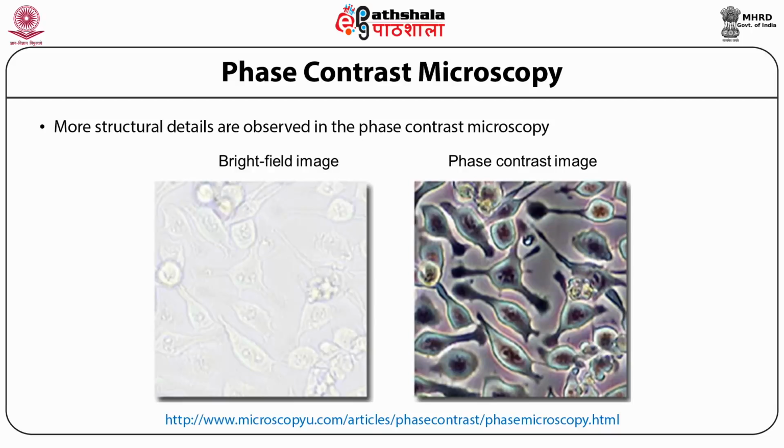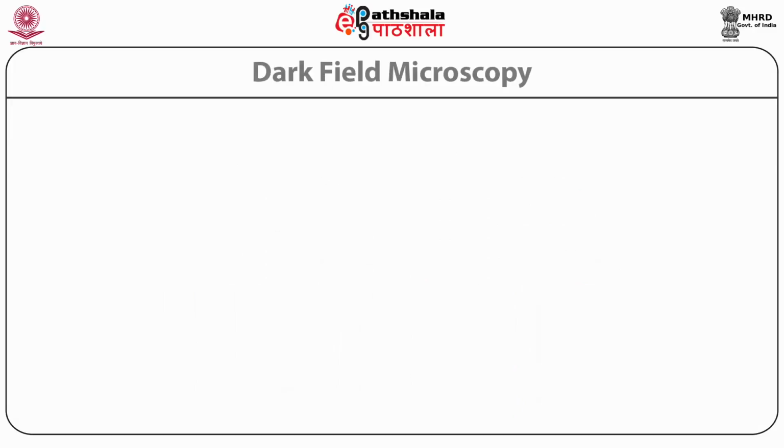The regions within the circles drawn on the first image are hardly visible in the bright field image. But in phase contrast microscopy, you see those regions having more contrast. So this is the beauty of phase contrast microscopy: you not only see transparent samples, but you get more structural details as well.